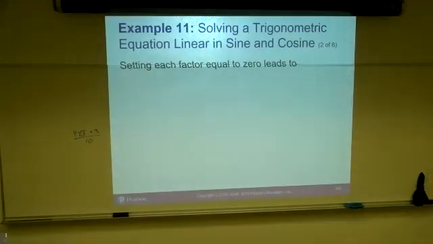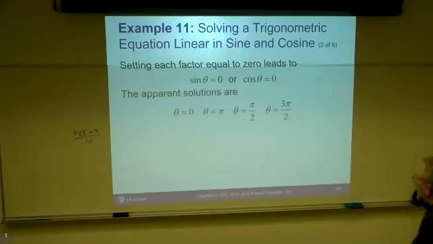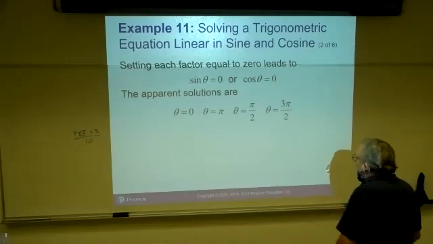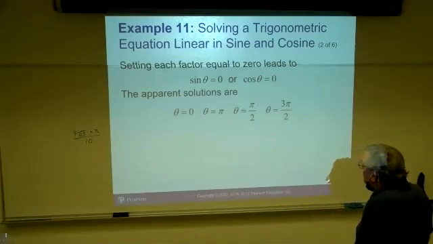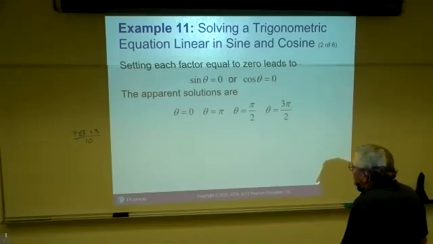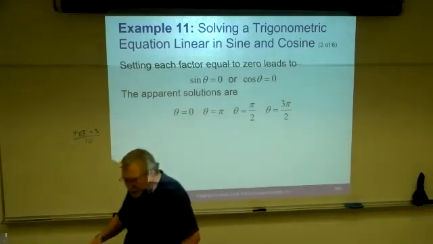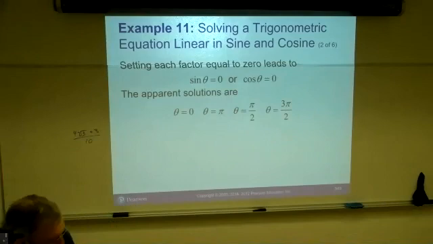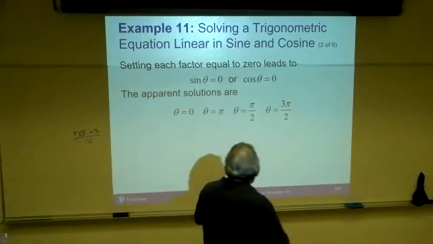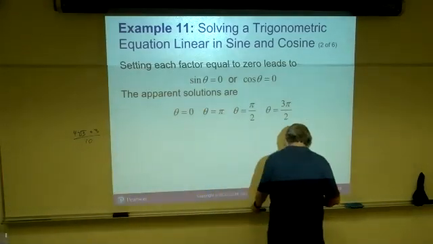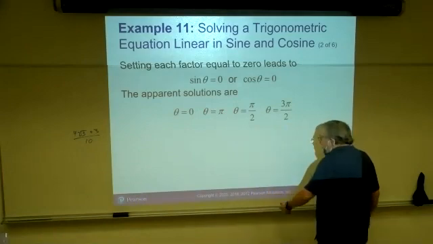Okay. So we have apparent solutions, those 4 angles. Knowing your unit circle is very important, because it helps you in things like this. You get the answers real quick.